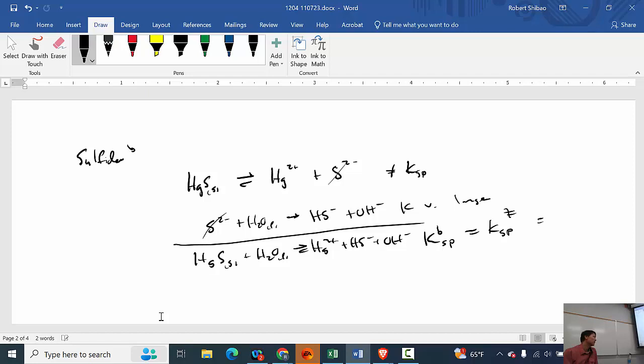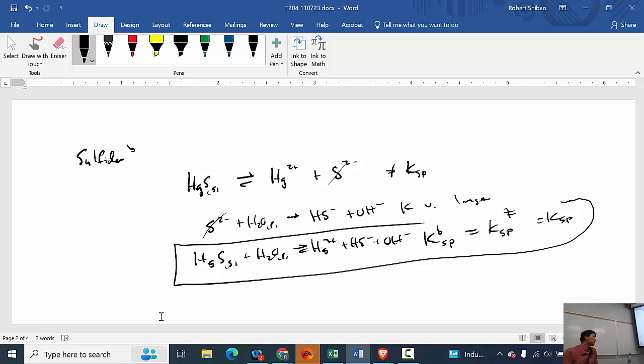Or just KSP. And so for all the sulfides, sulfide's too strong of a base to exist in water. Does that mean we can't use those KSP? No, this is the KSP equation. In other words, for sulfides, this is not the KSP equation. This is the wrong equation.